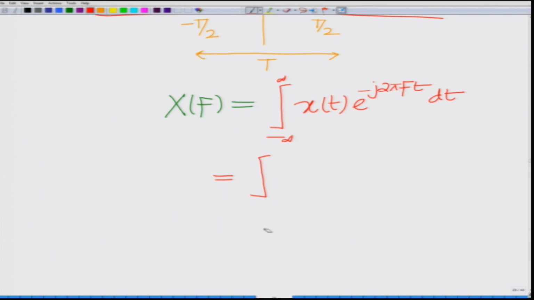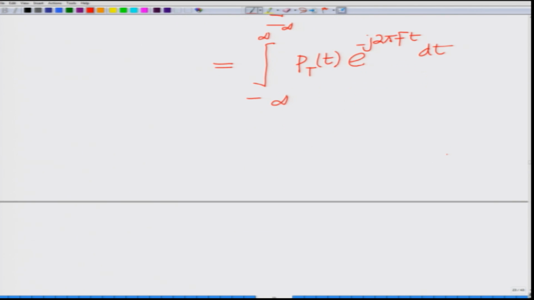So, let us first substitute p_T(t) e to the power of minus j 2 pi f t dt, and p_T(t), remember, is non-zero only from minus T over 2 to T over 2, in which it is 1.